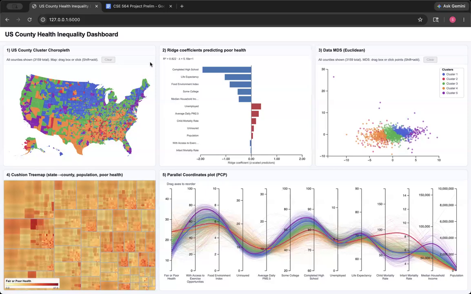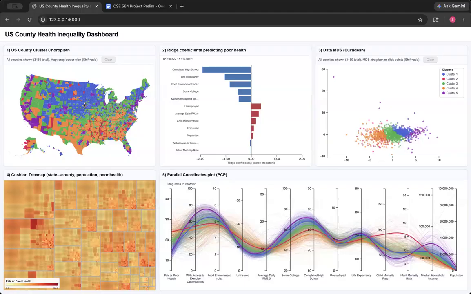Now for the interaction of this data dashboard, I have added many features. Coming to the first one, I have added brushing and linking to the county cluster map.